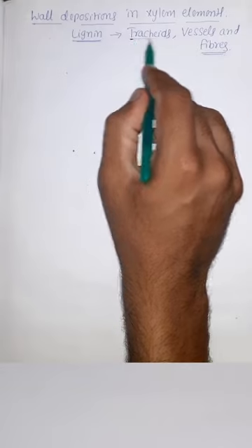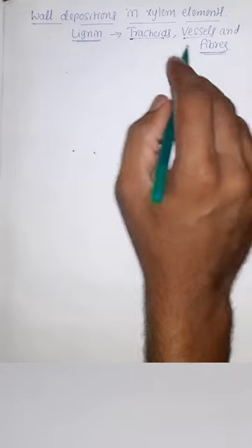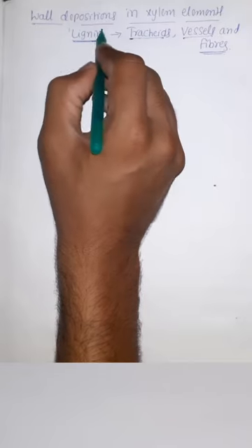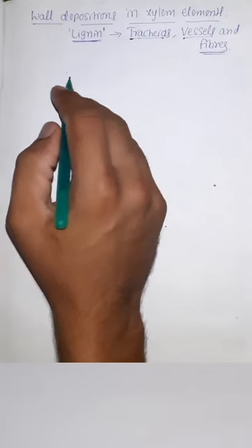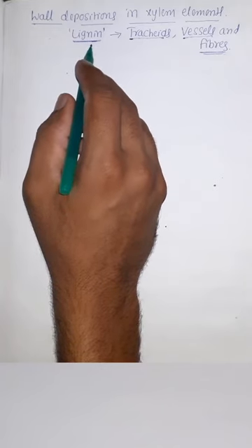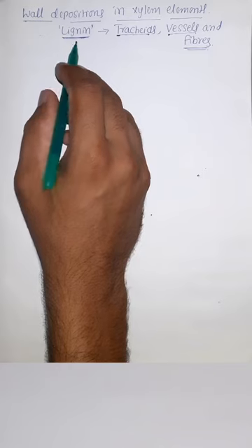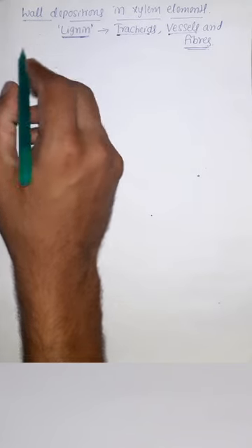On the walls of tracheids, vessels and fibers, we have seen the lignin is depositing. Here we have to know how the lignin is depositing. Based on the way lignin is depositing, we have five types.